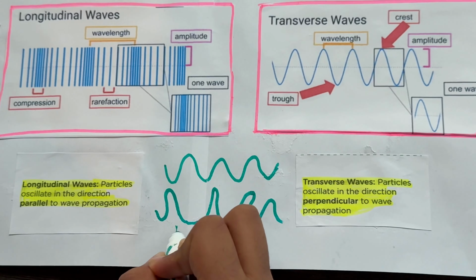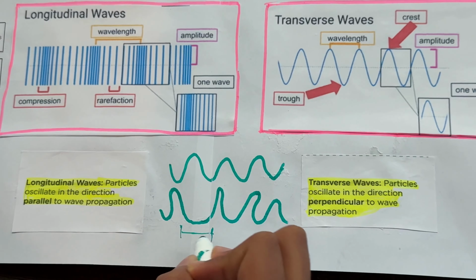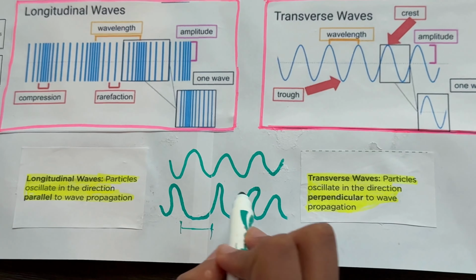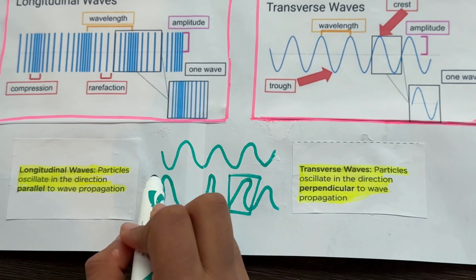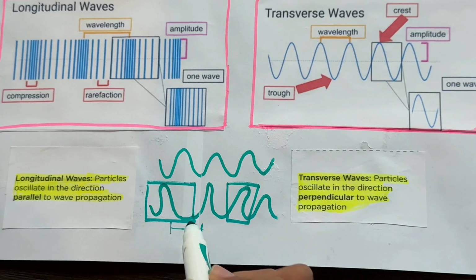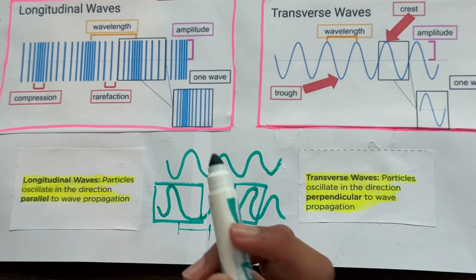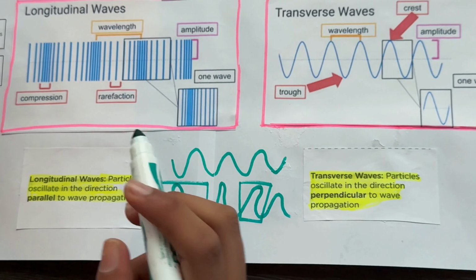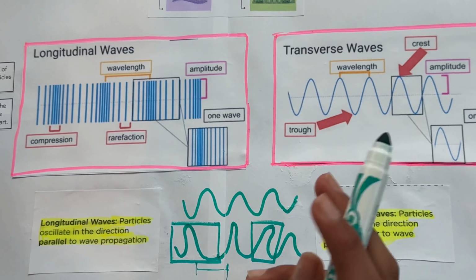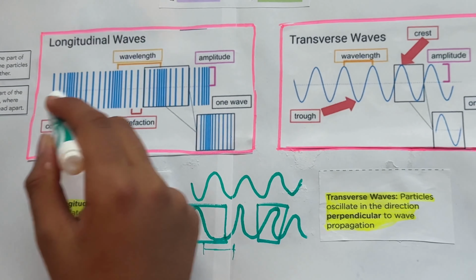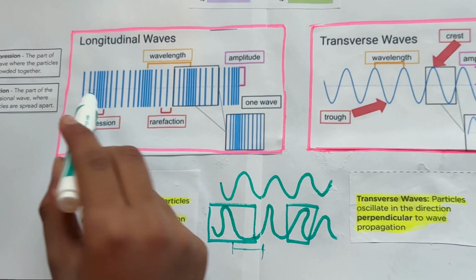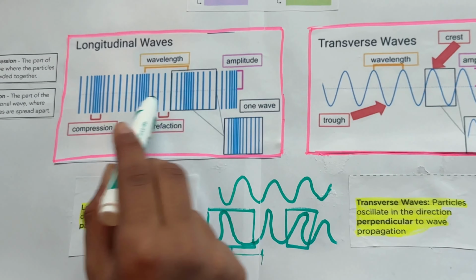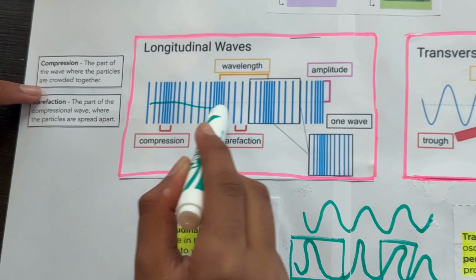You can see some of the differences between the wavelengths, and this entire part would be one cycle, but it wouldn't exactly be equivalent to this one cycle over here. Longitudinal is where the particles in the wave oscillate in a direction that's parallel, not perpendicular like transverse, but parallel to the line of propagation, this line going through the middle.